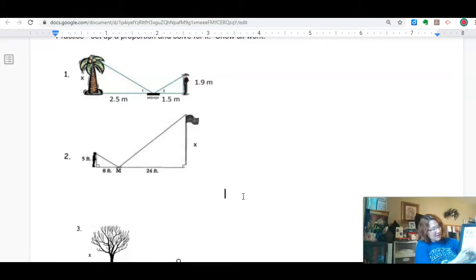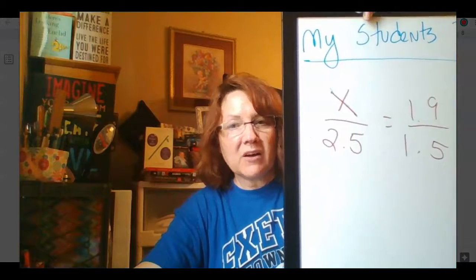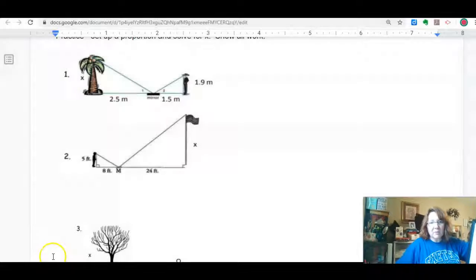So I have x is to 2.5 as 1.9 is to 1.5. So coming back over, we can see how I would do that.